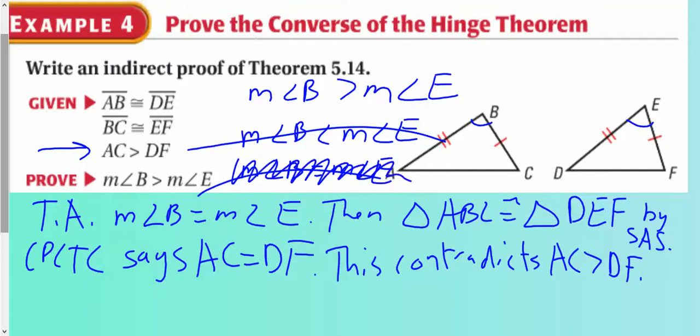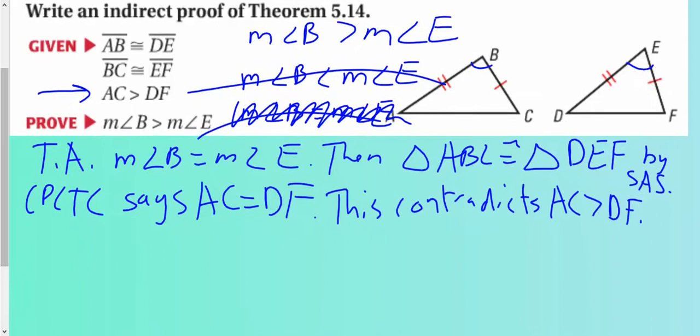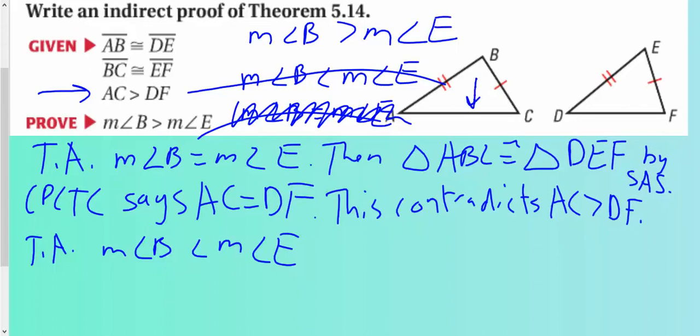All right, so let's try B being smaller than E. Temporarily assume that the measure of angle B is less than the measure of angle E. Okay, so B is smaller than E. That makes AC smaller than DF by the hinge theorem.